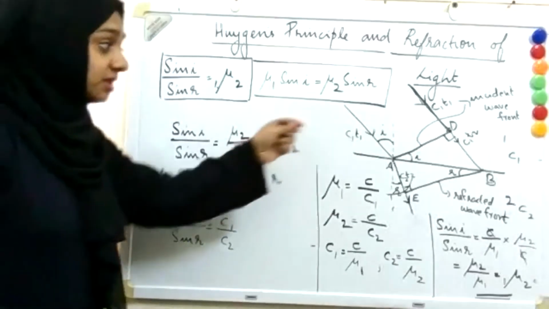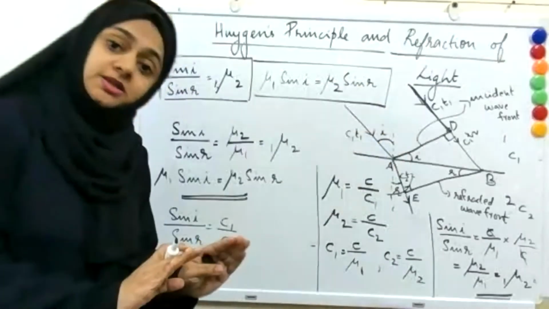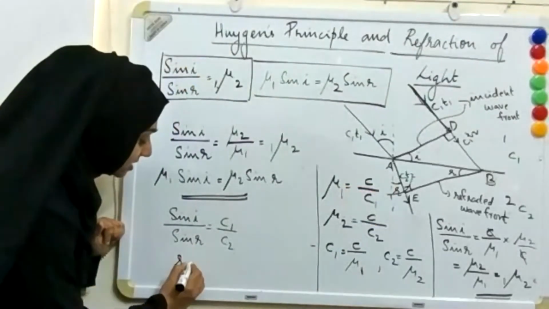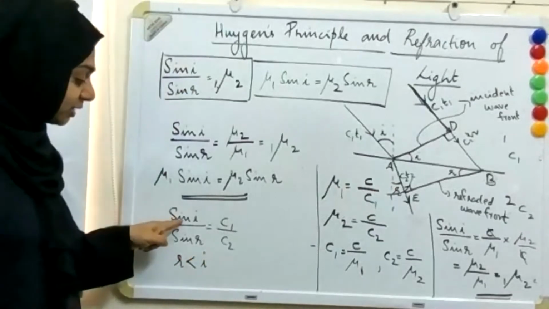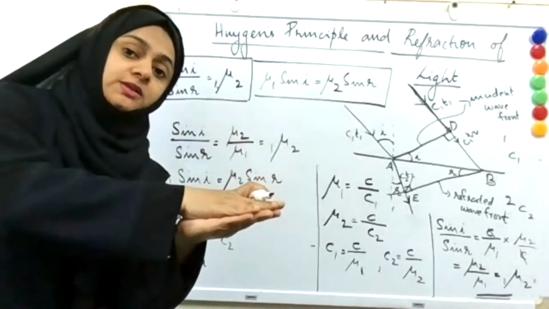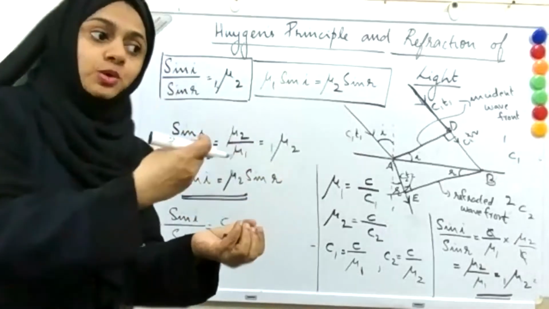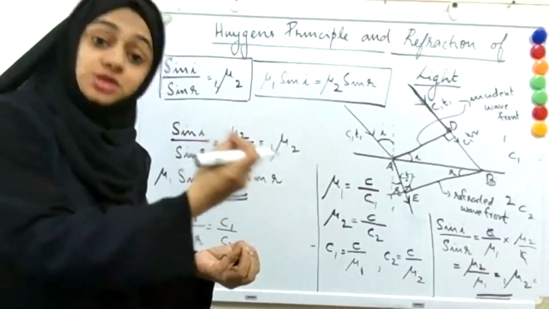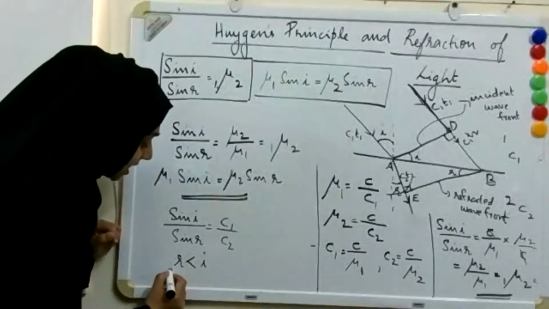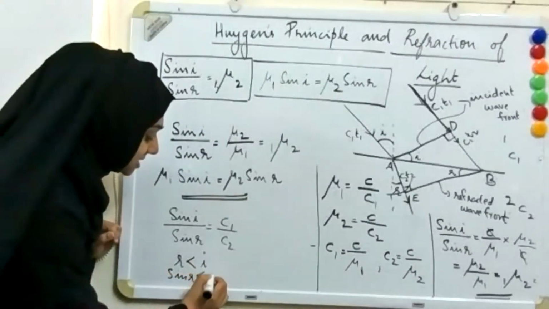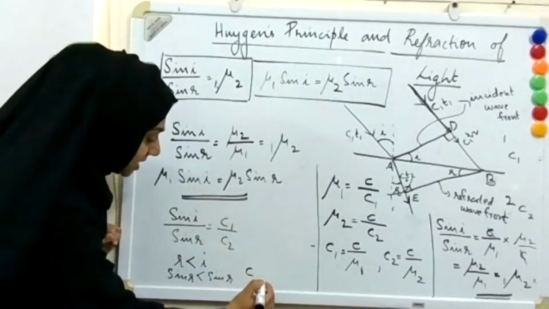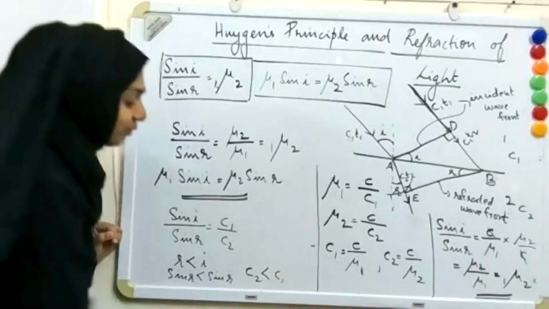We know that when light goes to a denser medium, by the law of refraction, r will be less than i. Sine from 0 to 90 degrees varies from 0 to 1, so the larger the angle, the larger sine theta. So if r is less than i, then sin r will be less than sin i. And from this equation, C2 will be less than C1.